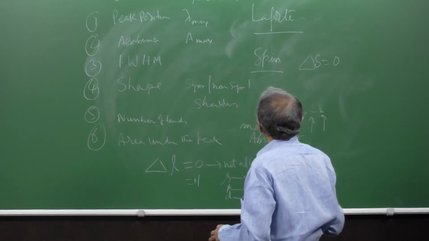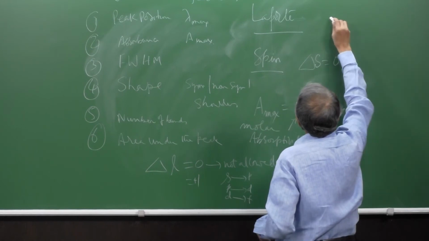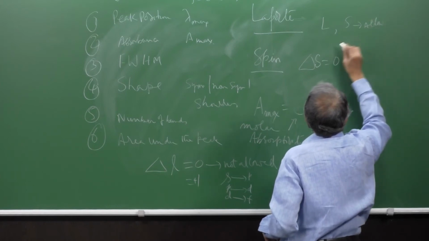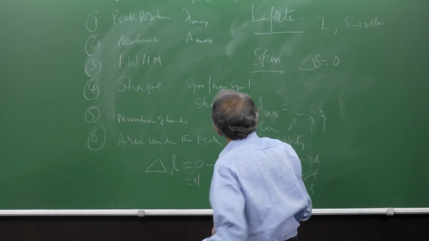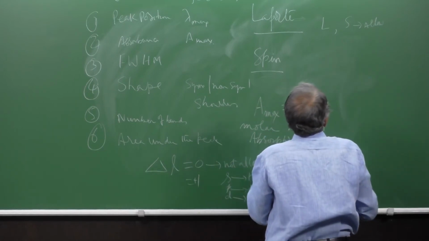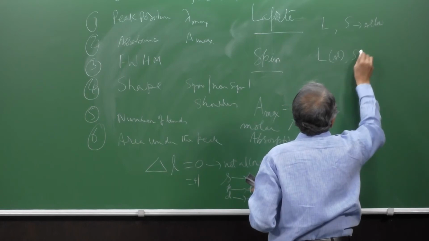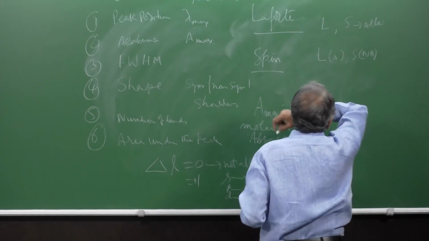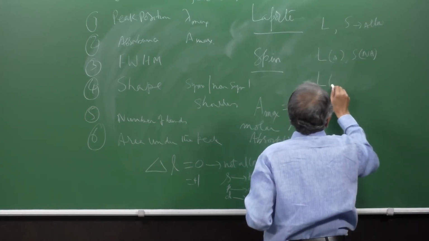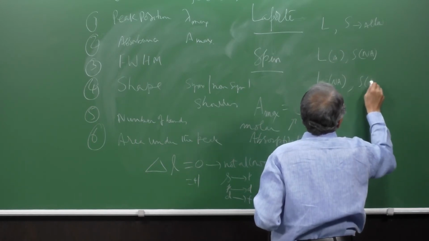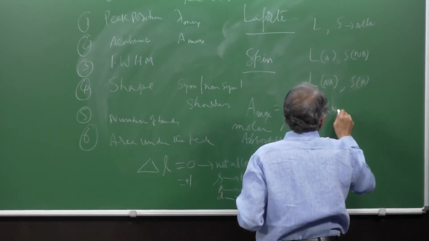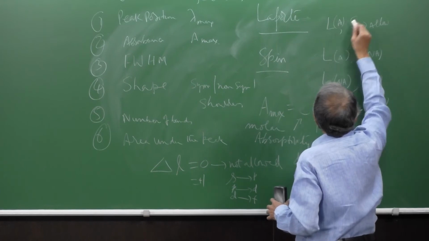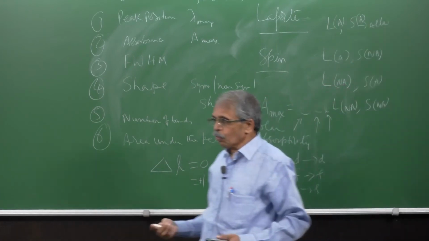There are four possibilities: L and S both allowed; L allowed, S not allowed; L not allowed, S allowed; and both not allowed. So there are four combinations.